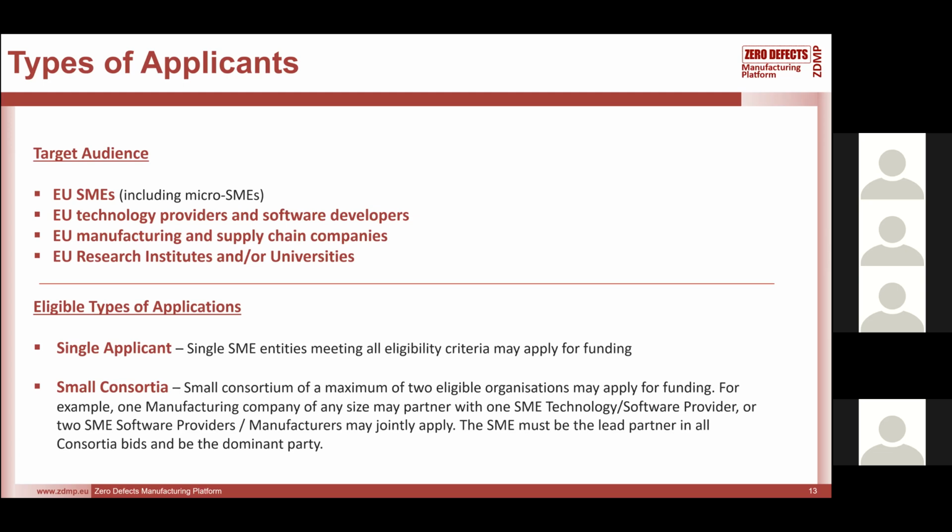So that's very important. If you're going to form a consortium, it might be an SME technology provider joining together with a large manufacturer, but the SME provider must be in the lead and the large manufacturer must be in the secondary position. And that's the same the other way around, where you could have an SME manufacturer teaming up with a large software provider, but the SME manufacturer would need to be the lead in that consortium.